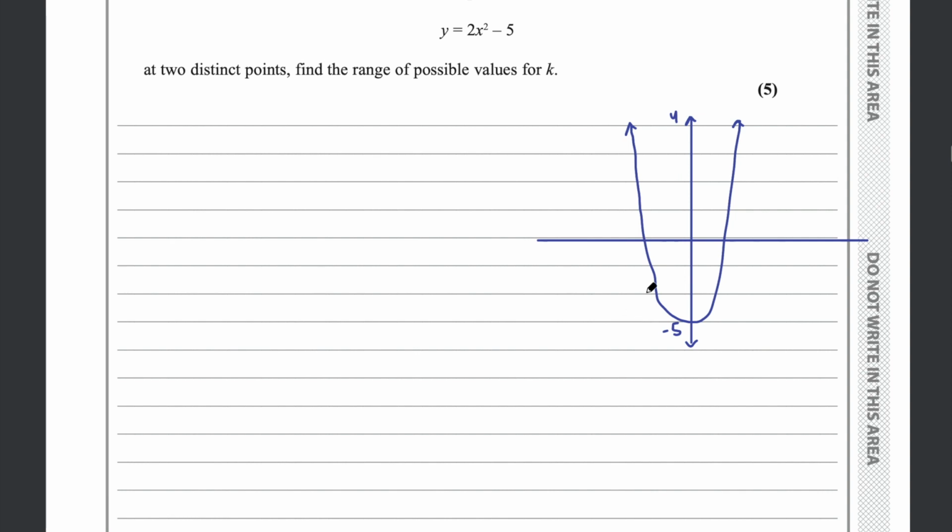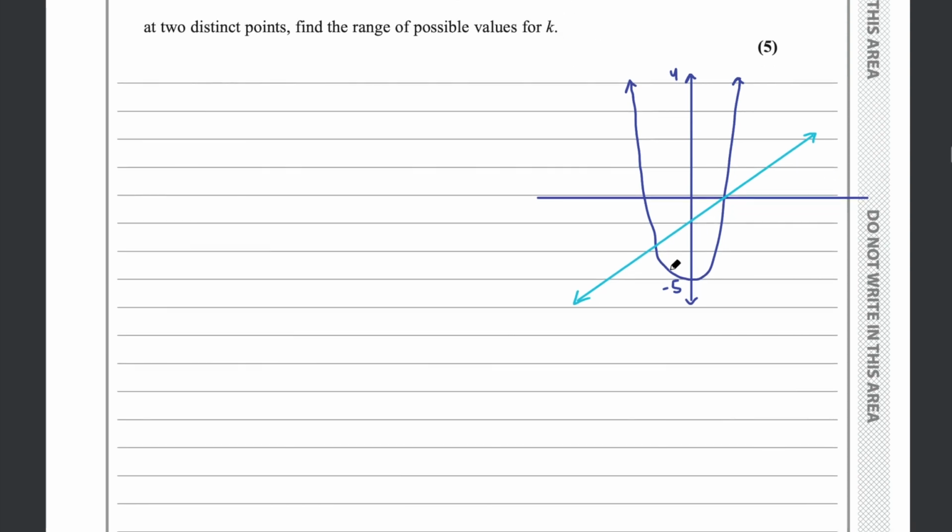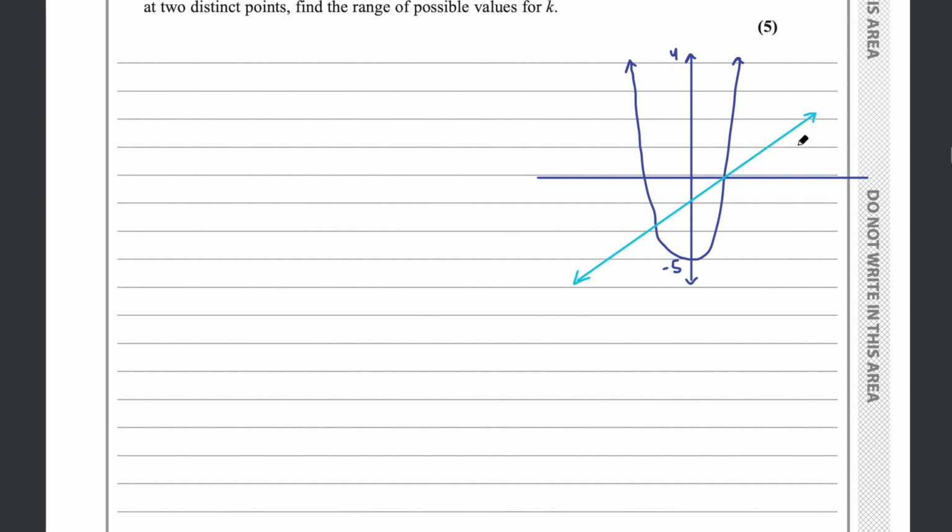So we'll have a straight line going through this graph somewhere, but we don't know where the y-intercept is. So it could be like this, for example. It'll be a bit steeper than that actually, because the gradient is 1.5. But anyway, you get the idea. And by drawing this graph, I actually can see what's going on here now. So the range of possible values for k will be where are the positions where this line can cut that graph in 2 places.